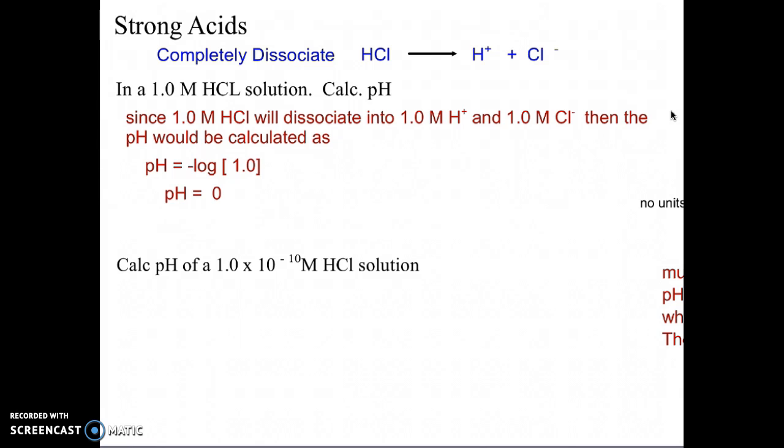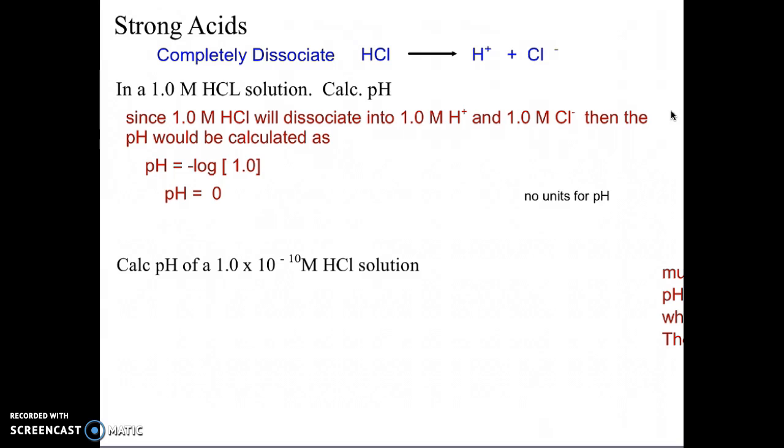It's 1.0 molar. And you can just take the definition of pH, which is the negative log of the hydronium or the hydrogen ion concentration. So pH is equal to the negative log of 1.0, which would give you a pH of 0.